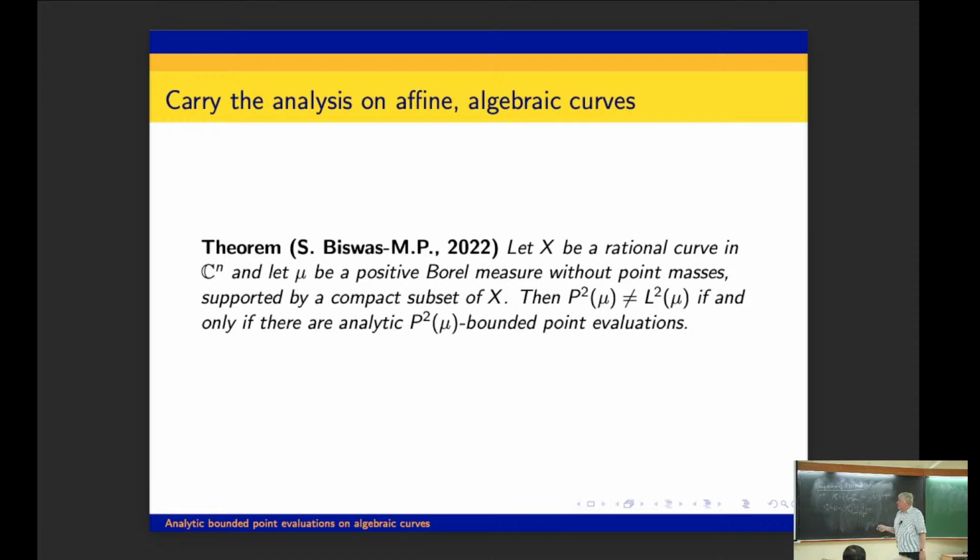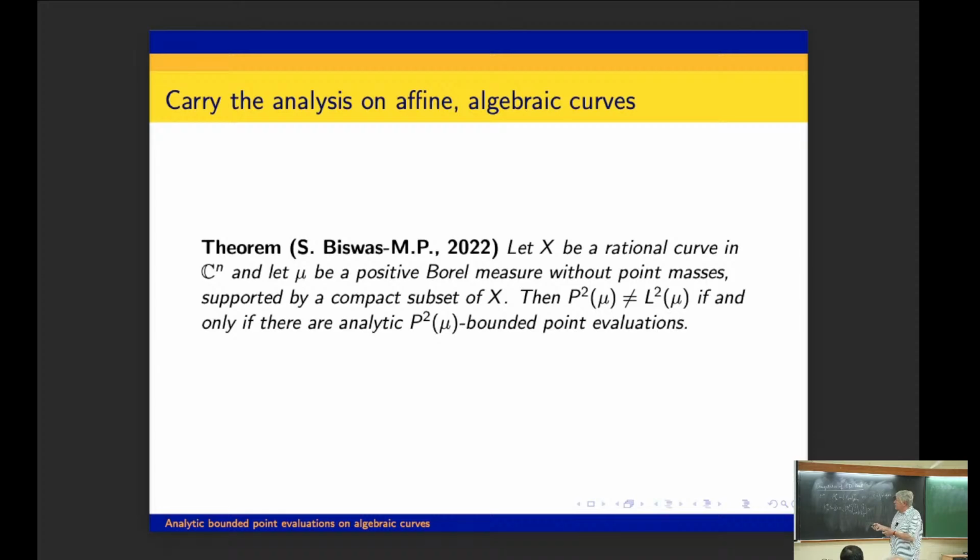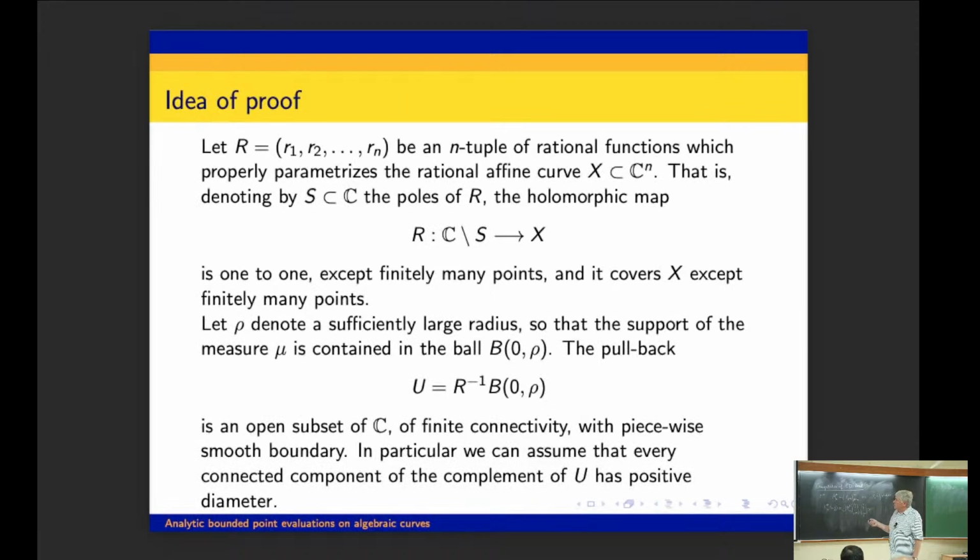And we could do it only with standard manipulation, I would say, of push forward, pull back on rational curves. The idea of the proof is rather simple. I'll not go into much detail.